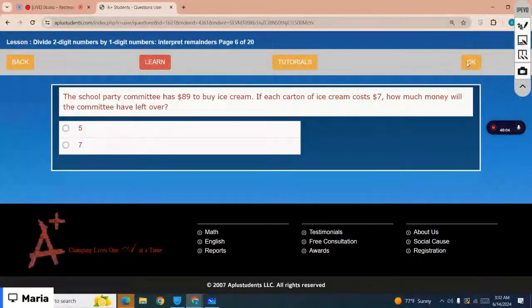The school party committee has $89 to buy ice cream. If each carton of ice cream costs $7, how much money will the committee have left over? So which is the correct option?